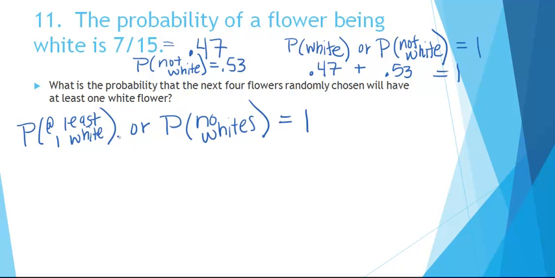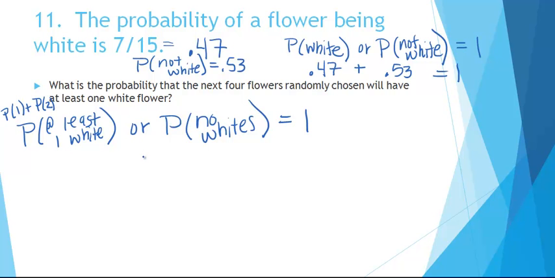Okay? Now, probability of at least one white is kind of tricky because you have to calculate first the probability of one white, plus the probability of two white, probability of 3 white, and probability of 4 white. And that's a lot of calculations.